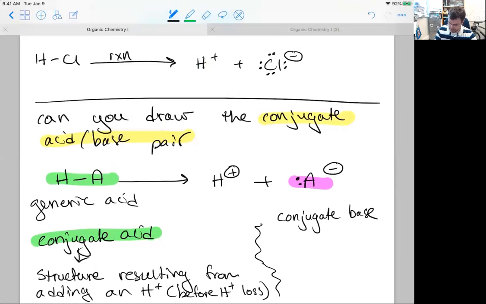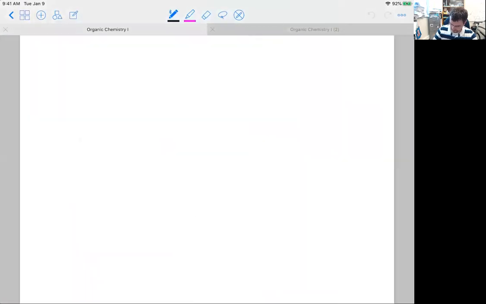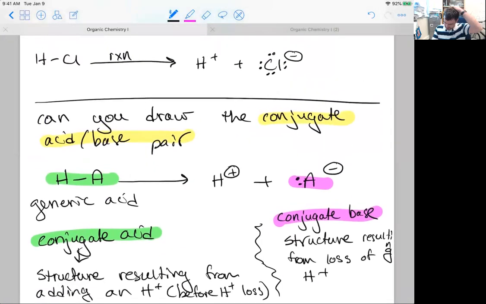The conjugate base is the structure resulting from loss of H+. Structure resulting from loss of H+.